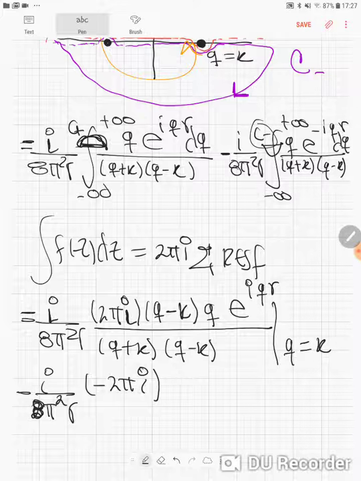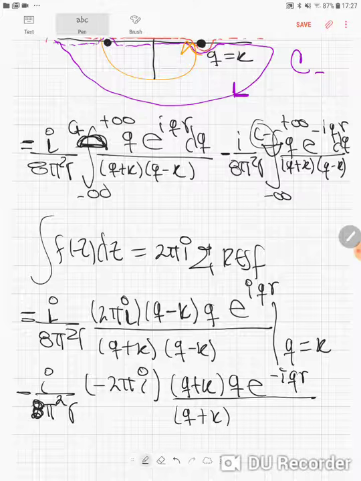So then this is now q plus k times q times e to the minus I qr divided by q plus k, q minus k, everything evaluated at q equals minus k, because it's the actual pole that C minus is embracing.